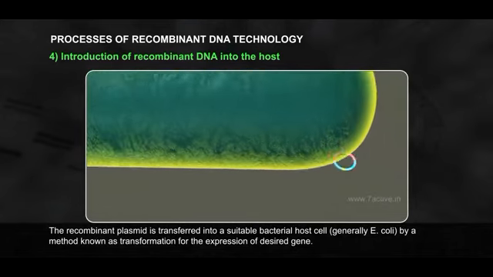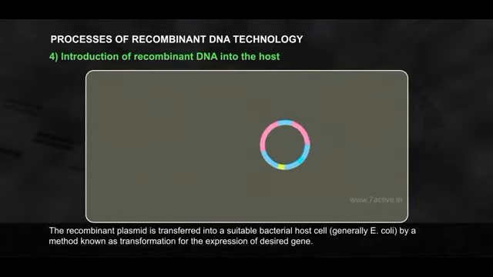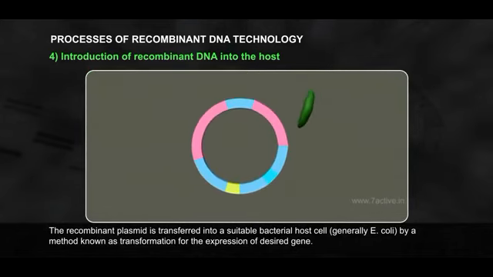4. Introduction of recombinant DNA into the host. The recombinant plasmid is transferred into a suitable bacterial host cell, generally E. coli, by a method known as transformation for the expression of the desired gene.